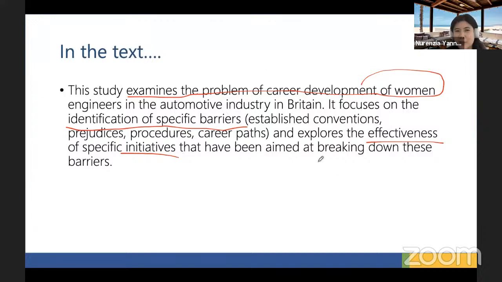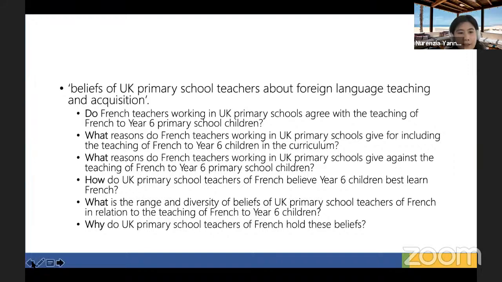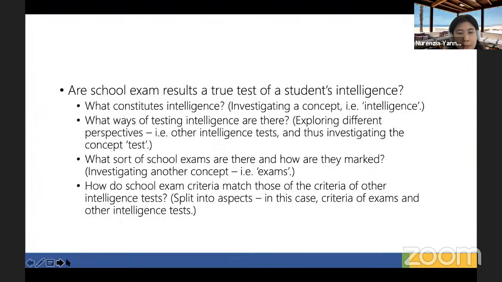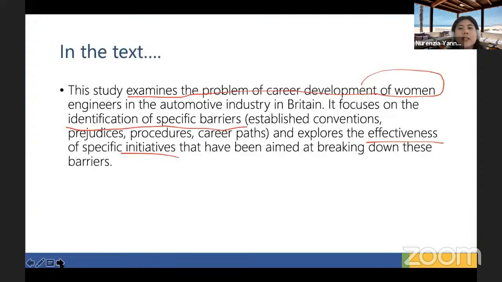So these are actually research questions or research problems, but dikemas dalam sebuah paragraf yang berupa statement gitu. Jadi research questions itu tidak harus selalu berbentuk questions ya. Ketika kita menyusunnya boleh dalam kepala kita atau dalam coret-coretan kita itu memang questions yang eksplisit seperti ini ya, atau seperti ini ya. Tapi nanti ketika dikemas dalam tulisan itu bisa jadi munculnya seperti ini ya, dalam sebuah statement yang ringkas gitu.